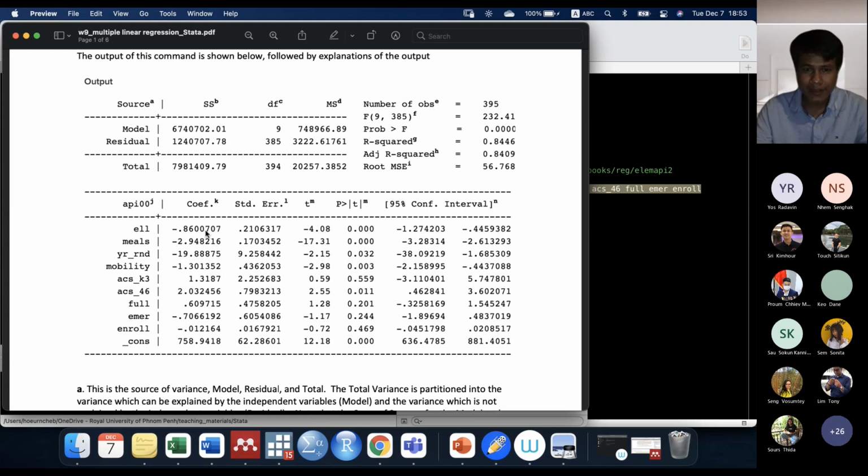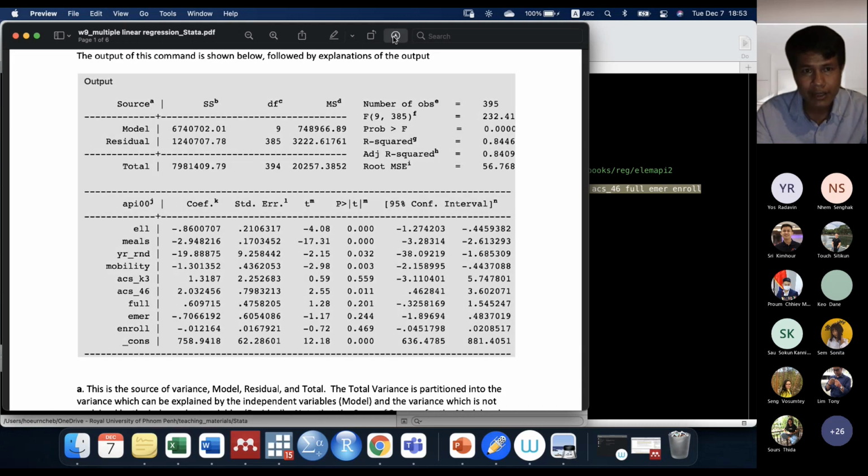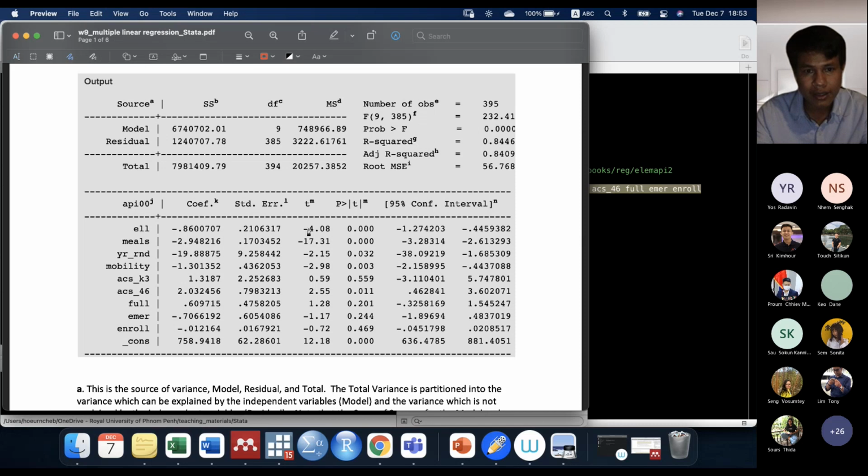Questions? Class, if you look at the other variable, the average class size for grade 3, you see the P value here, 0.559. What does it say?